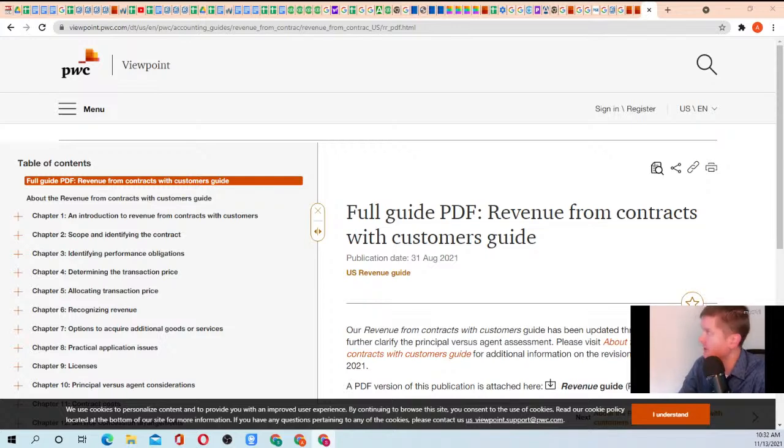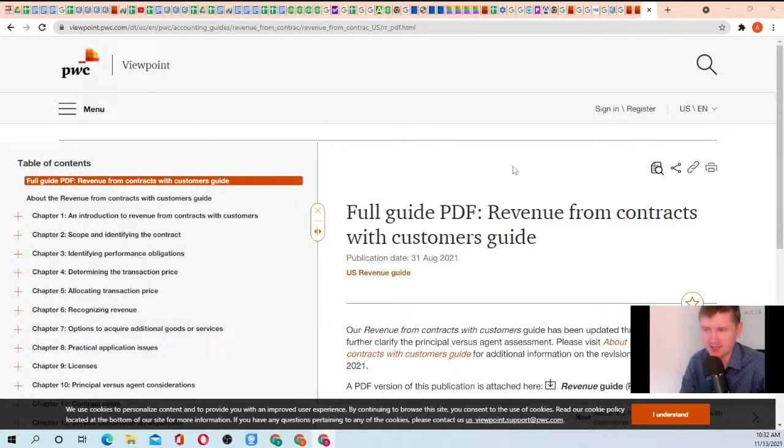And today we are diving into cost of sales. Cost of sales is a bit complicated topic. That's because there is no straightforward guidance for the cost of sales like there is for revenue.